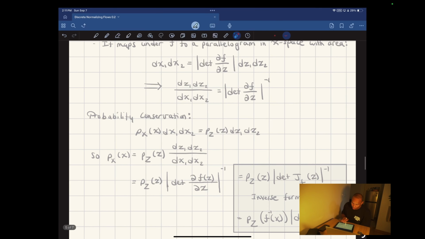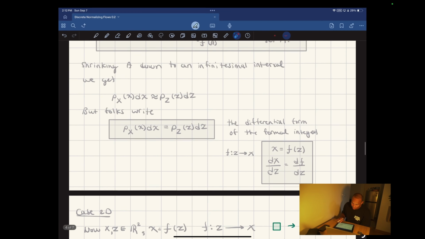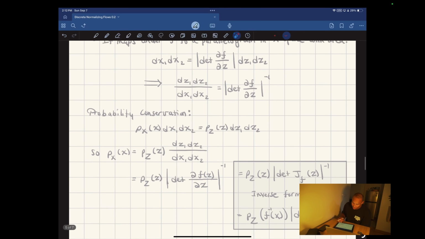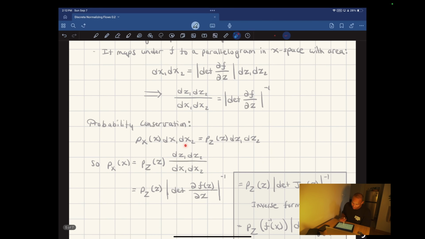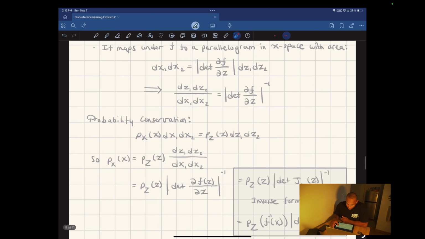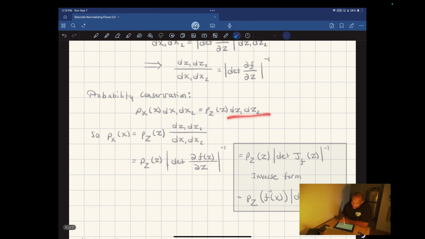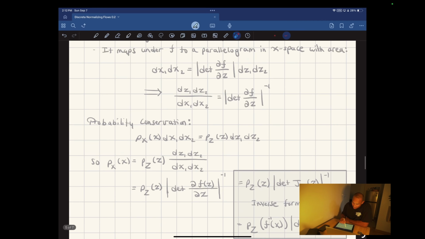So now remember probability conservation, which we described up here. Now it's in 2 dimensions, so we're doing dx1 and dx2, dz1 and dz2. You have to include both components. So if I divide both sides by dx1 and dx2, we get this.